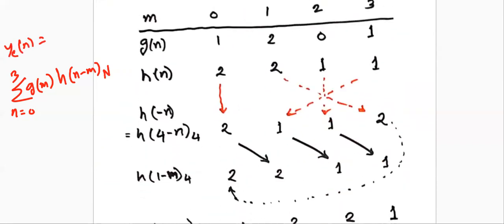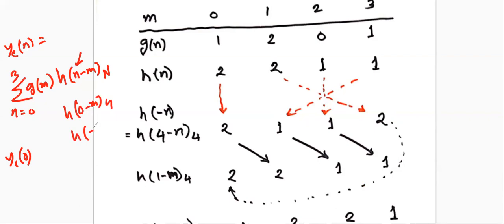What we can understand clearly is that for n equals 0, that is the first one, so we need to find y_c(0). For that, the index should be 0, and it looks like h(0 minus m).